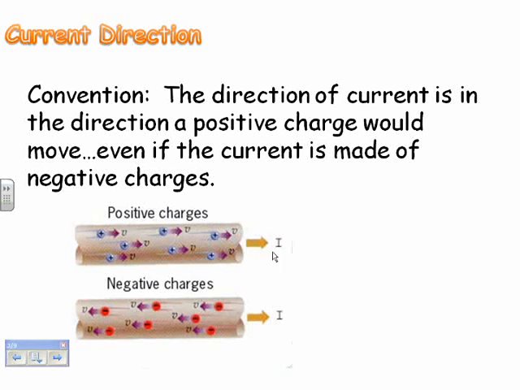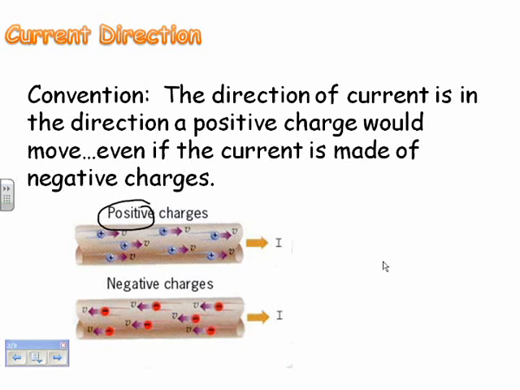This is very similar to how we did electric field, right? Electric field is the direction that a positive charge would go, or would have a force on it, given the configuration of charges. So we always talk about it in terms of positive charges. What direction would the positive charge go?